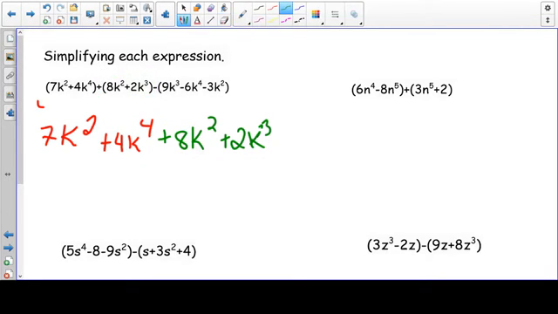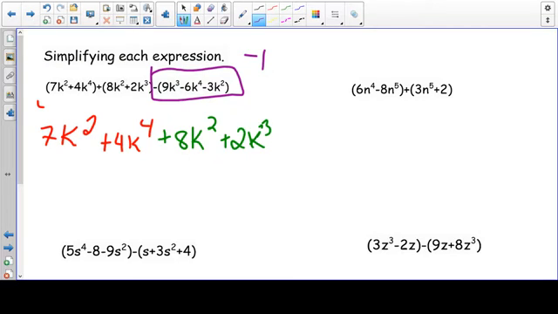Next, I'm going to take a look at the last set. If you notice, the difference with this last one is I have a negative sign in front of it. So that's like saying times -1. So I need to take every term in my set of parentheses and multiply by -1.